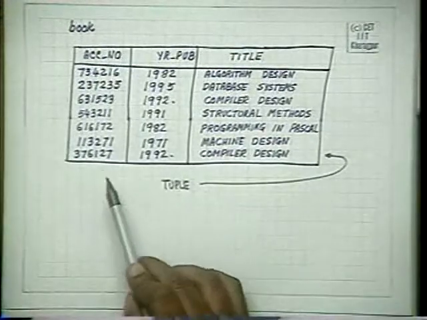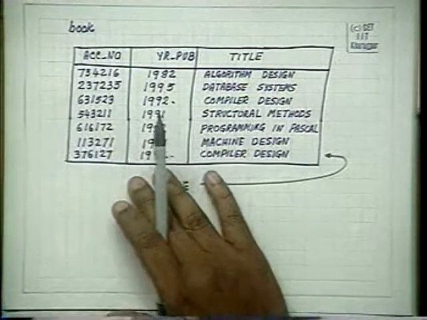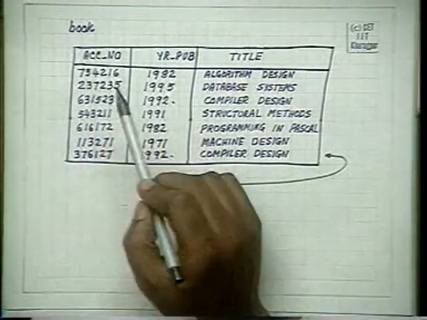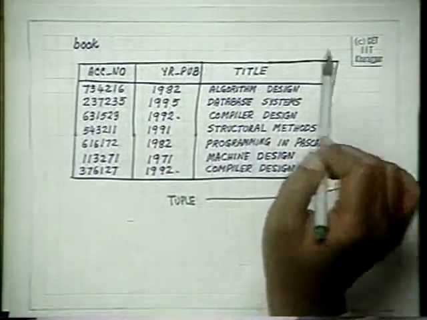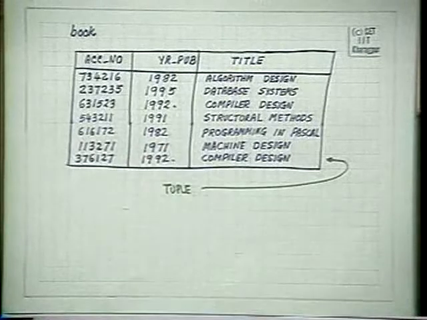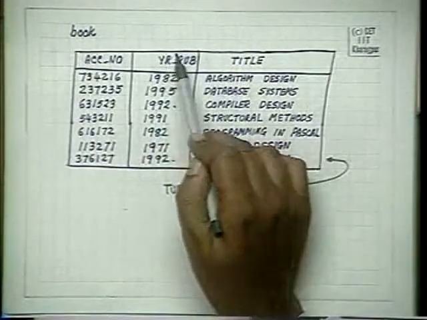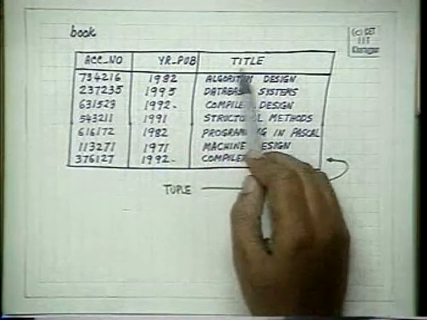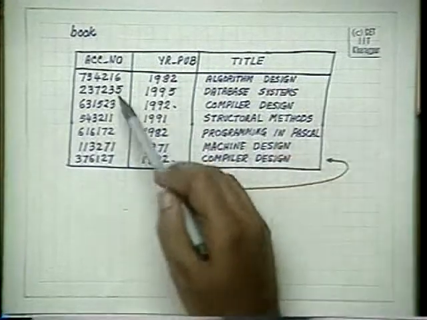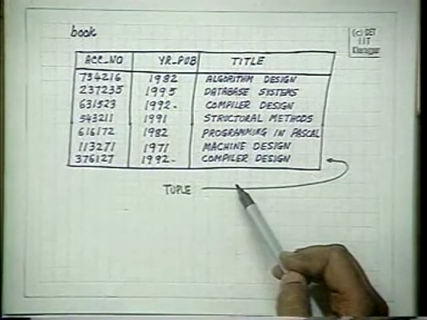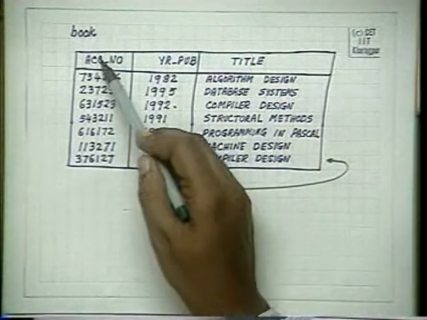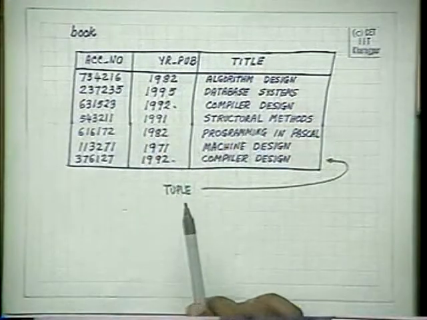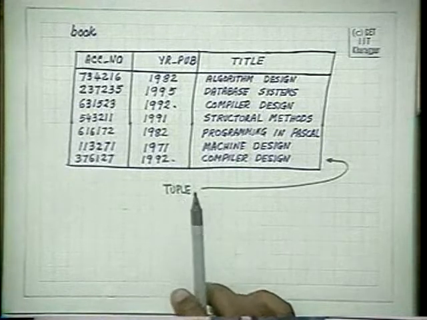Therefore, pi accession number and title on the book relation will return a table corresponding to this attribute and this attribute. Therefore, if you remove this attribute, you will have a relation having accession number and title only, and all the entries corresponding to this and this will be kept, and a relation is always a set.